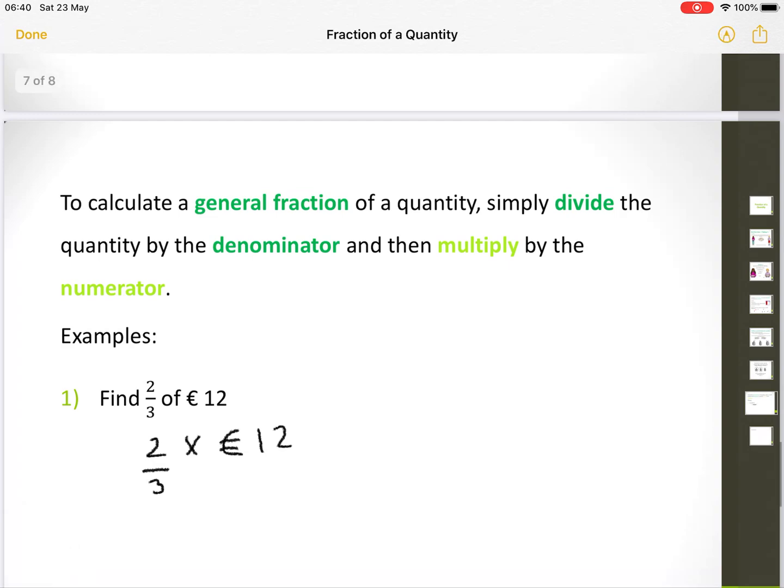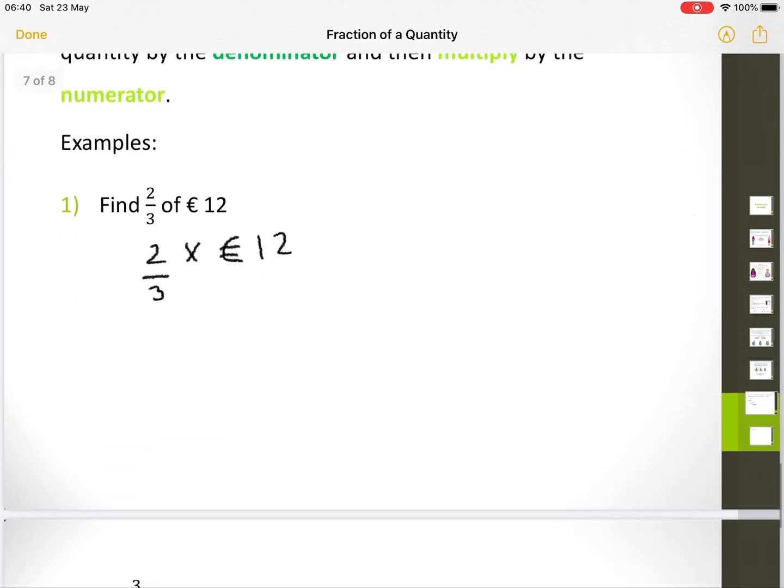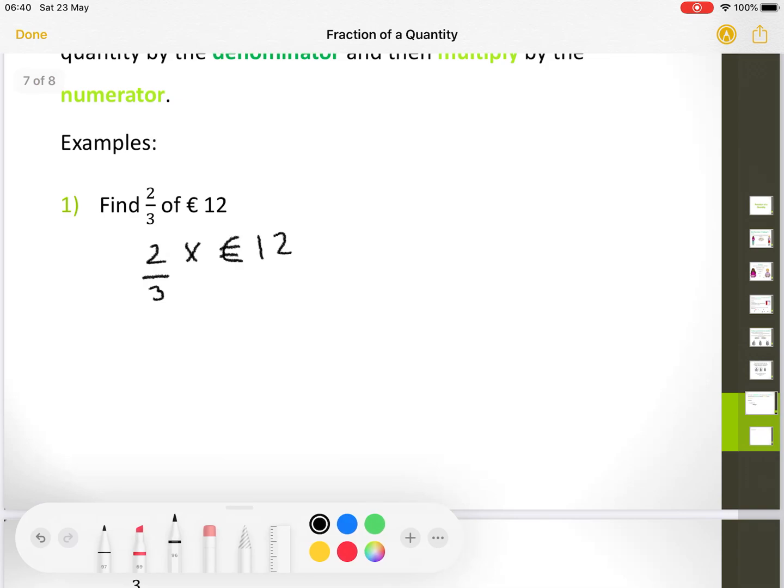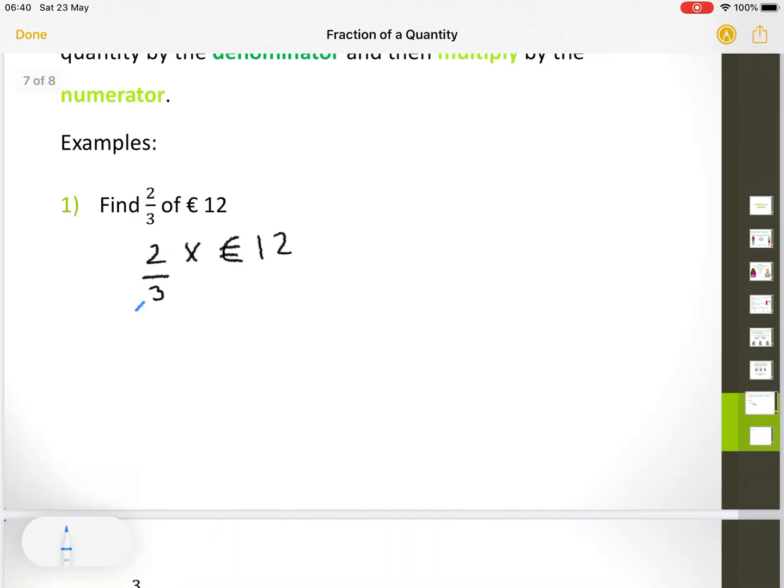Now, as we said before, we can cancel the 3 with the 12 because 12 is on top and 3 is at the bottom, since both are multiples of 3. So 3 into 3 goes 1, 3 into 12 goes 4.